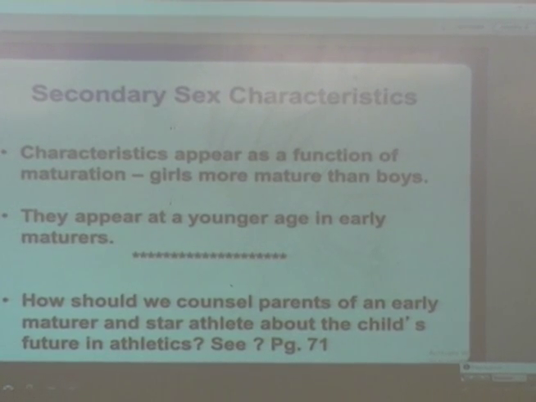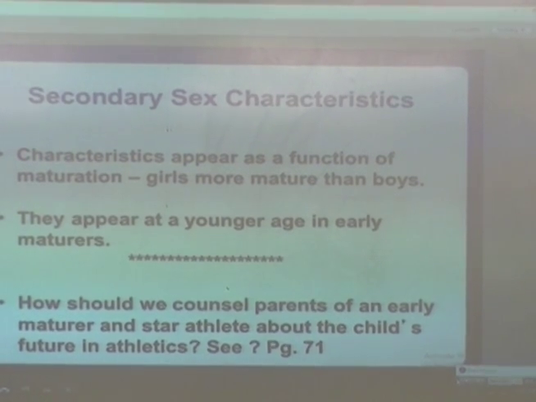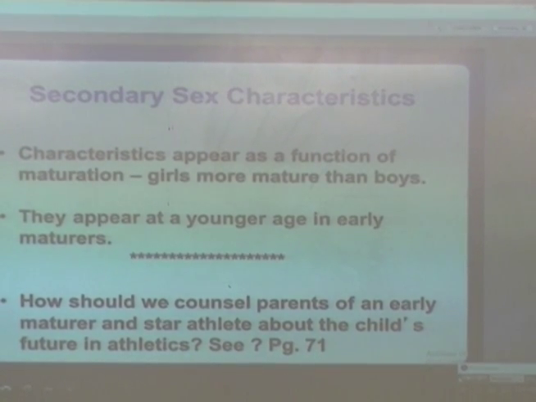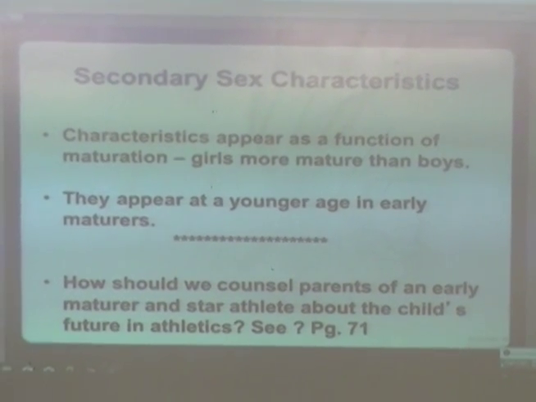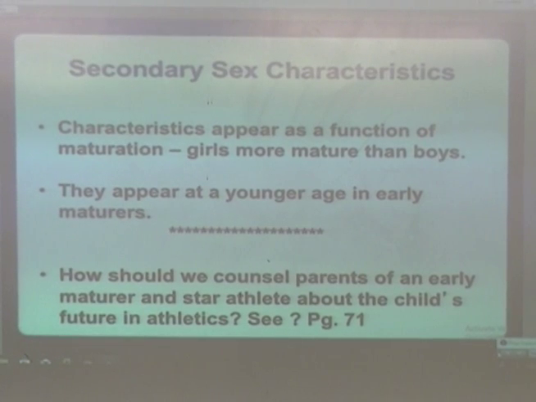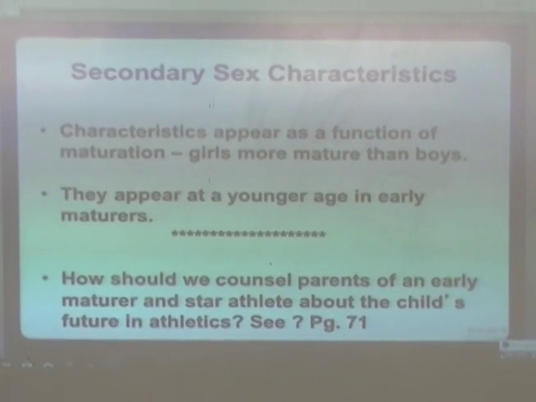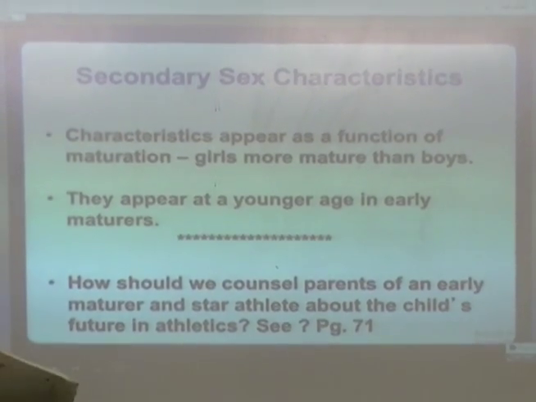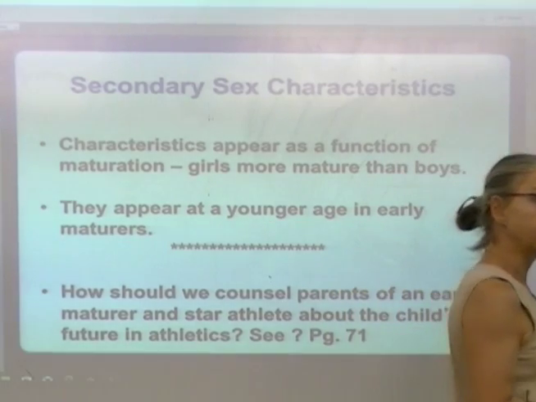They are likely to be more coordinated because their nervous system is likely to be more mature, even though everything's maturing at different rates. So if they're stronger and they're more coordinated, chances are they're going to be pretty good at PE and sport versus everybody in their class.